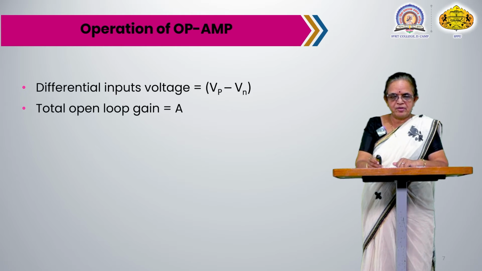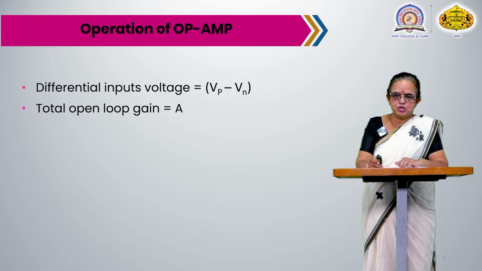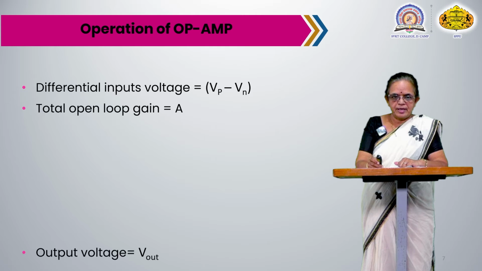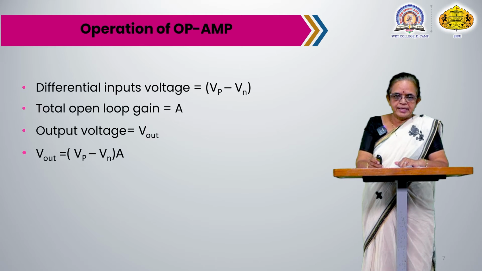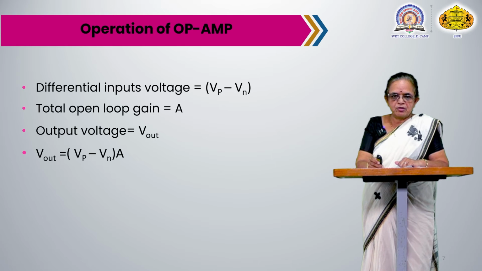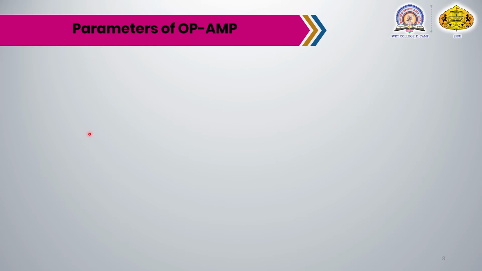Generally when we use the operational amplifier as an amplifier, we use negative feedback. When the feedback fraction is 0, the gain is the open loop gain. If this open loop gain is A, then Vout is equal to the gain times the differential input voltage, that is, Vout is equal to (Vp minus Vn) times A.